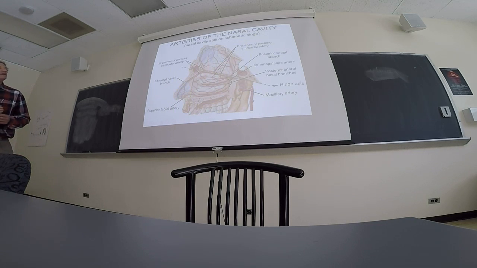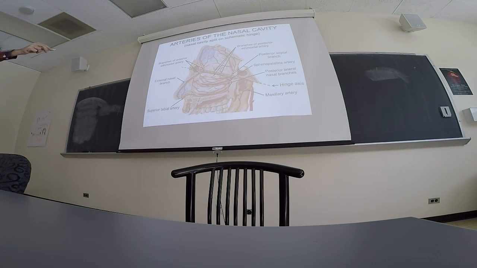Here it is in much more detail. Okay, so here's the sphenopalatine coming in here, and it gives rise to a posterior ethmoid artery up there, and a septal branch. This branch is going to spread out through the nasal septum, which has been flipped up here. These branches on the side are lateral branches.